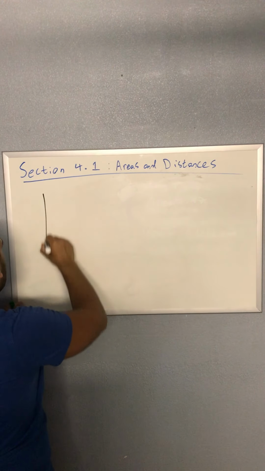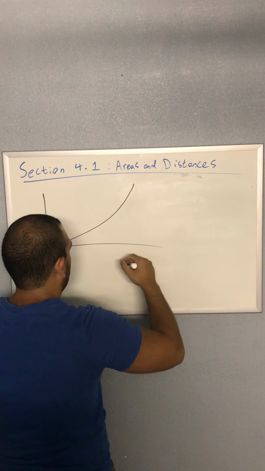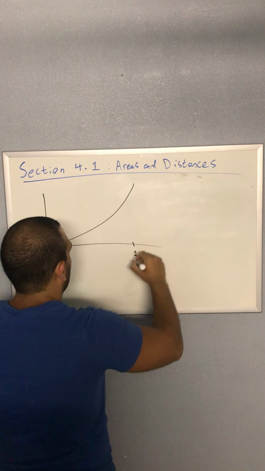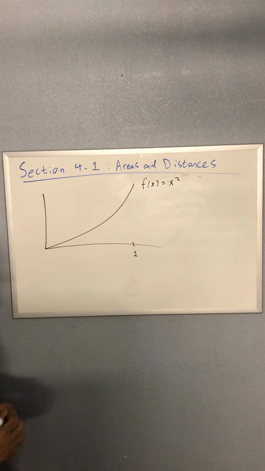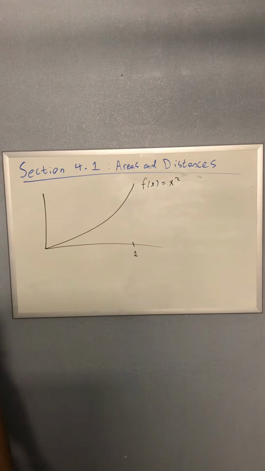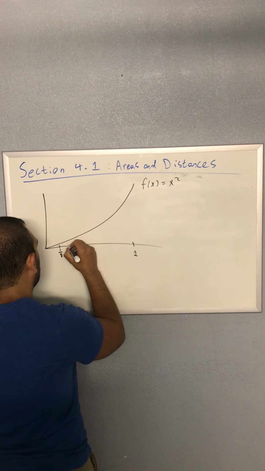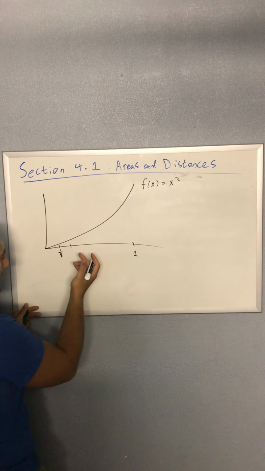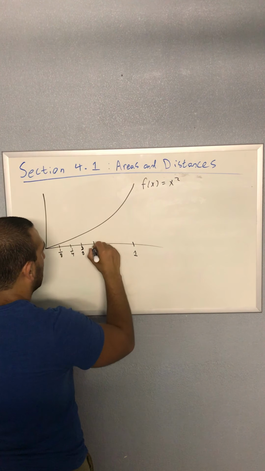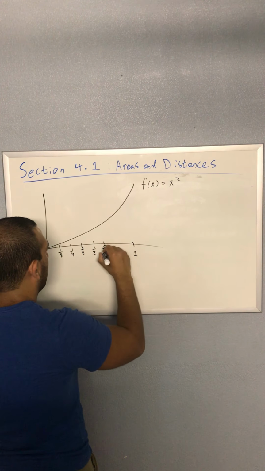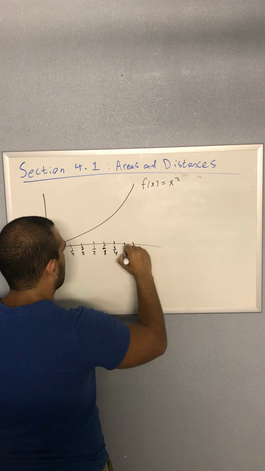So for example, again, let's draw this. I'll just say this is 1. Let's, for example, say that we chop this up into 8 pieces instead. So instead we say this is 1/8, this is 2/8, aka 1/4, then 3/8, then 4/8, aka 1/2, then 5/8, 6/8, aka 3/4, and then 7/8.